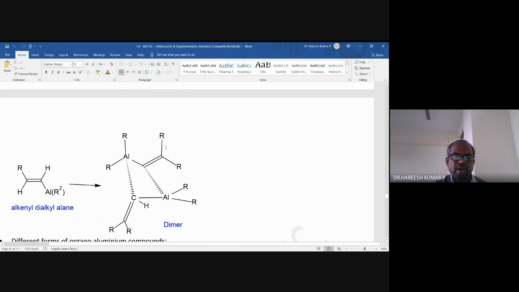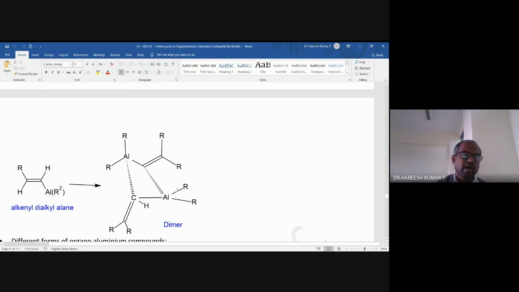This complete moiety is alkynyl dialkyl alane. This is one moiety, this is another moiety, and these two are in a vinyl bridge form. So this is the dimer, the form in which alkynyl dialkyl alane is available.